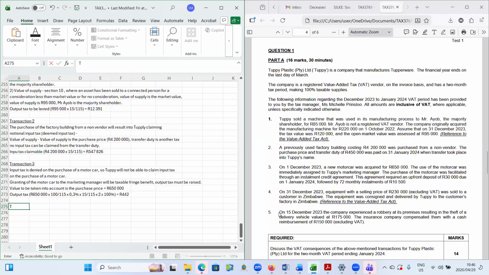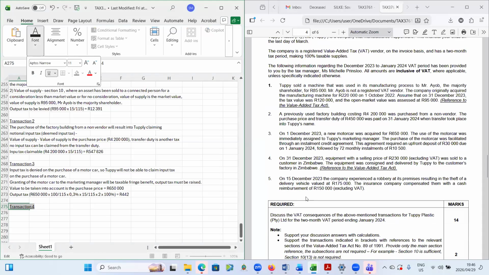Let's go to transaction 4. On 31 December 2023, equipment with a selling price of 230,000 excluding VAT was sold to a customer in Zimbabwe. The equipment was consigned and delivered by TAPI to the customer's factory in Zimbabwe.